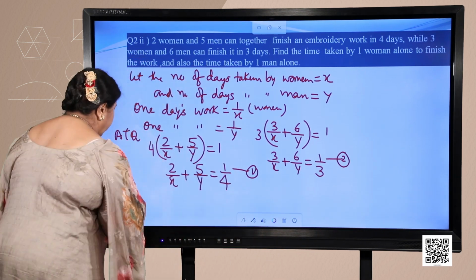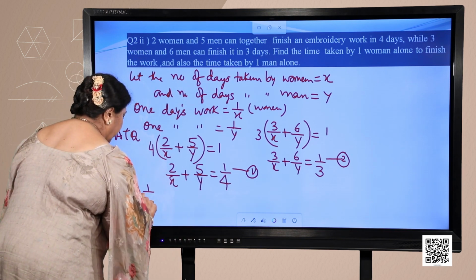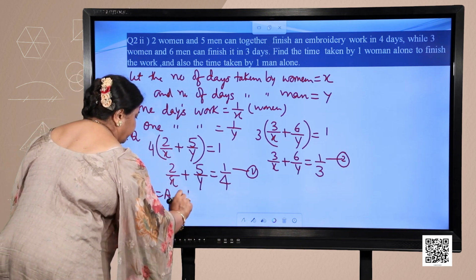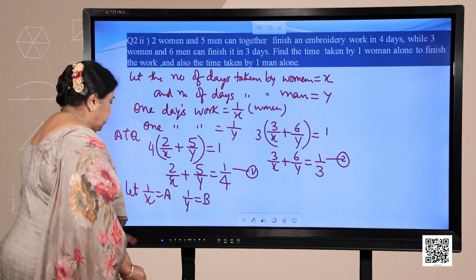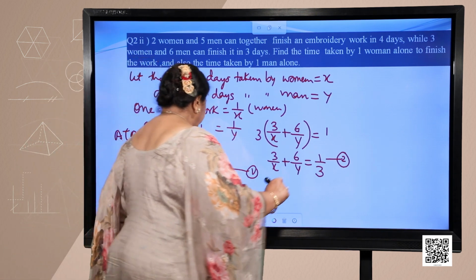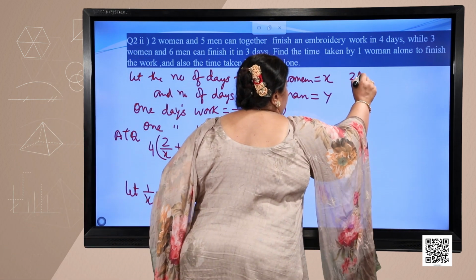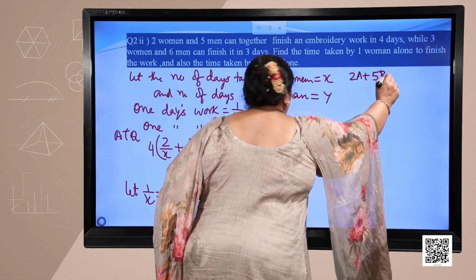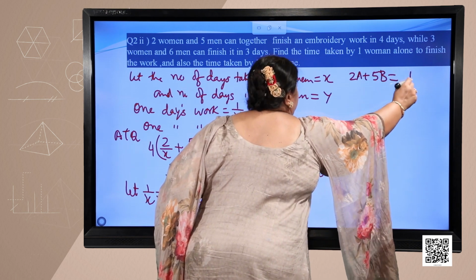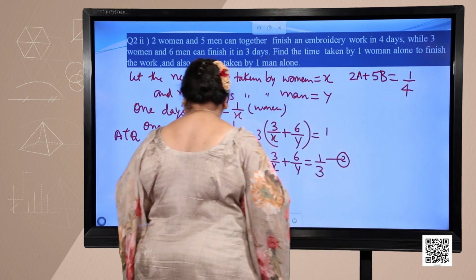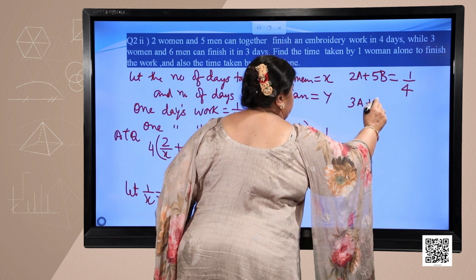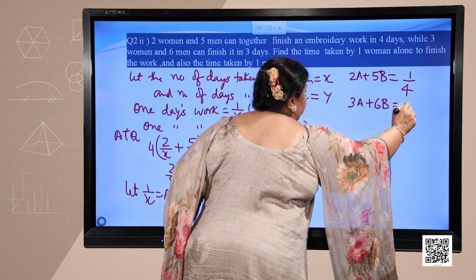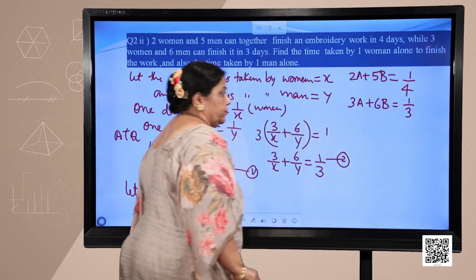How we can do that? We will take 1 upon x as a and 1 upon y as b. So, our equations will change to 2a plus 5b is equal to 1 upon 4 and 3a plus 6b is equal to 1 upon 3.